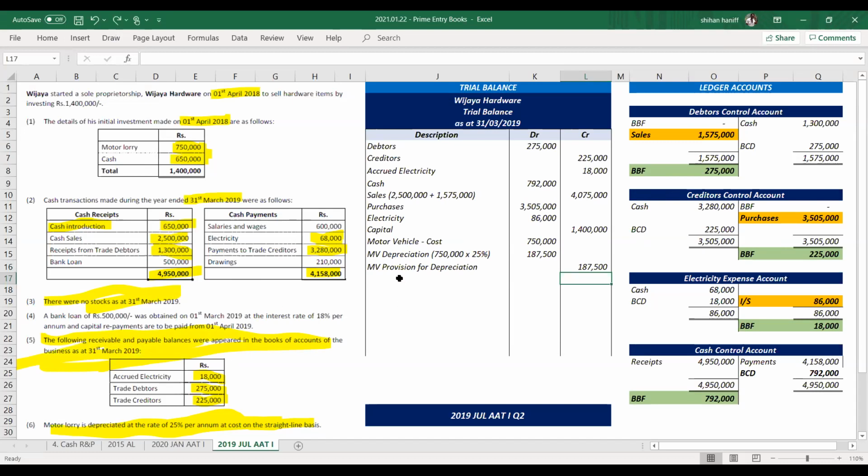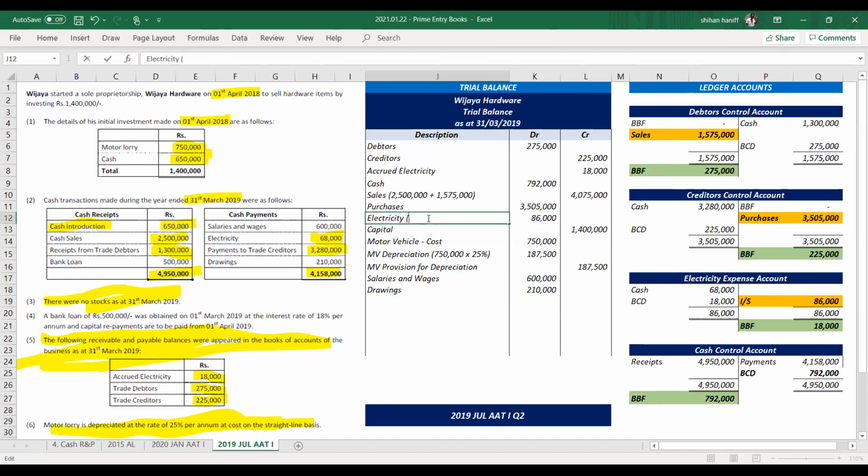Then we have salaries and wages, 600,000. Drawings 210,000. Electricity, we have taken the balance here.